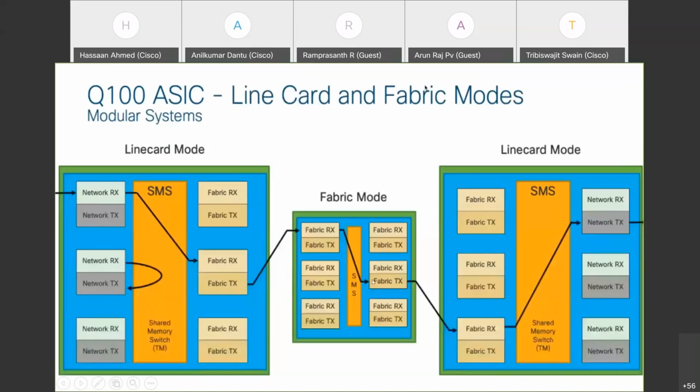On a fabric card, all the 6 slices are programmed as a fabric element. So the same chip is available to you in 3 different roles: a system on a chip, where all the slices inside the NPU are programmed as network interfaces; in a line card, a few slices are programmed as network and a few as a fabric interface ASIC; and in a fabric card, all the 6 are programmed as a fabric element.